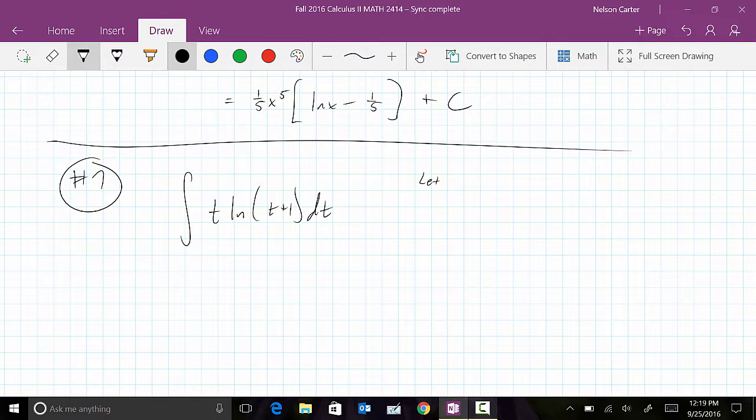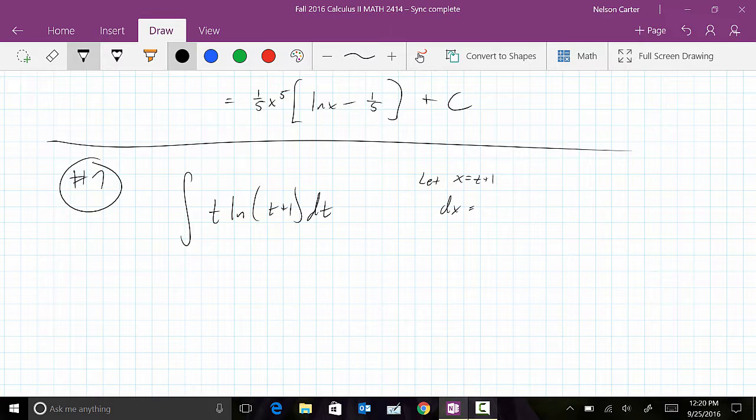I've got to pick another letter. I don't really want to pick U or V because I want to use those for by parts in a second, I'm sure. Oh, I know what I'll pick. X. So let's let x equal t plus 1.